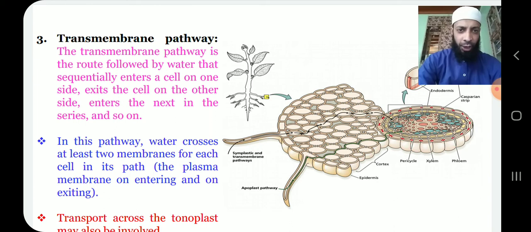And transport across the tonoplast may also be involved. That means moving from vacuole to vacuole, crossing the tonoplast in a transmembrane route. That's again transmembrane pathway.